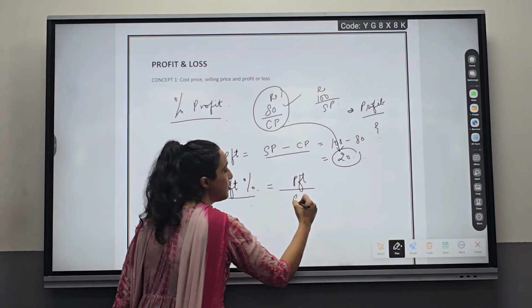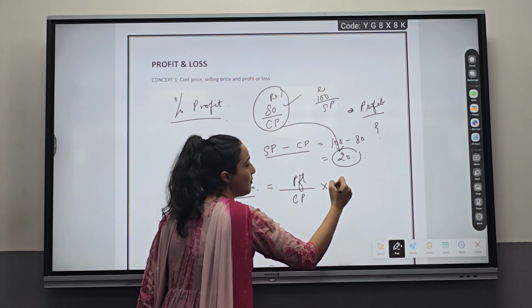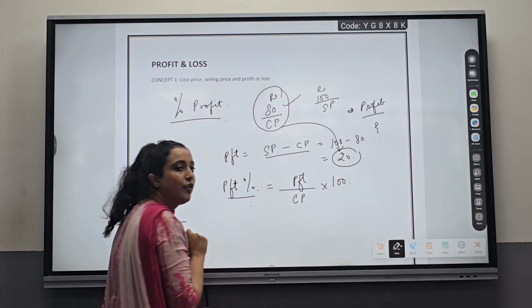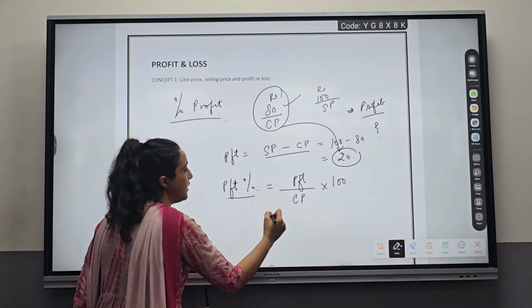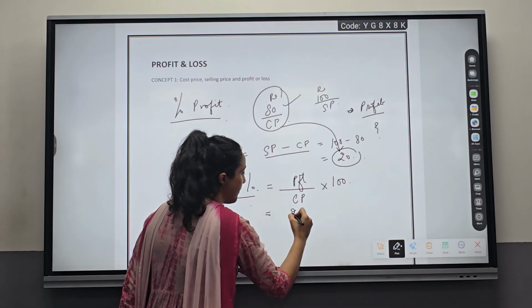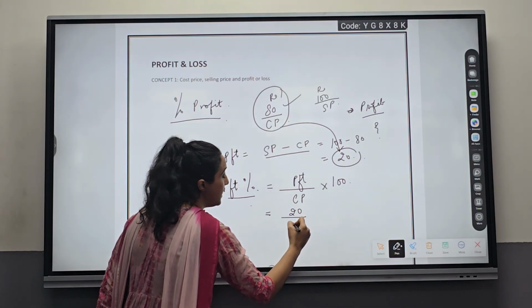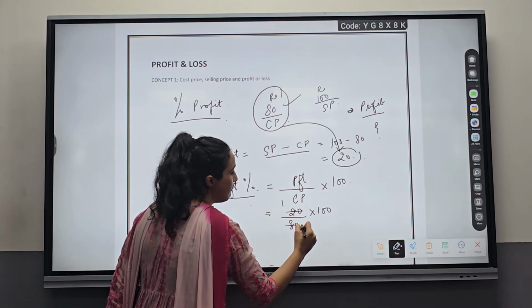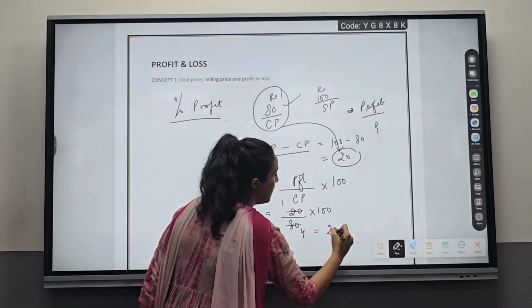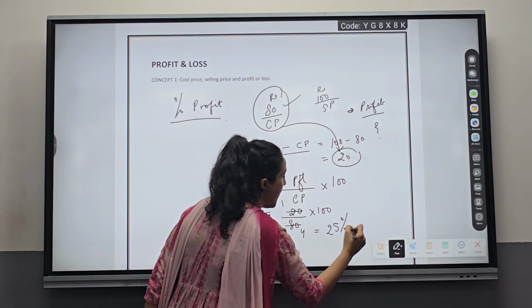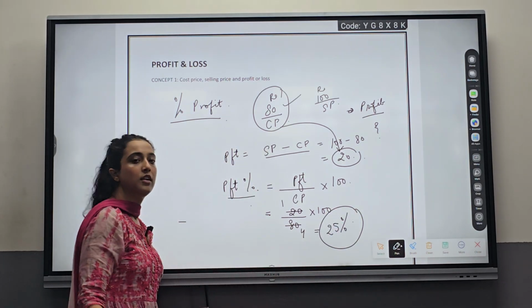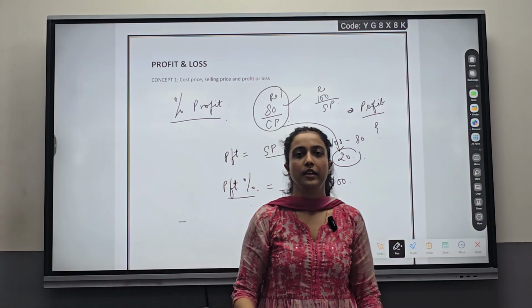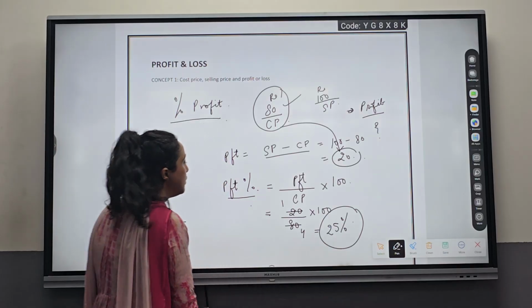Cost price. So cost price multiplied by 100. This is your formula for profit percentage. That is profit is 20, cost price was 80, multiply by 100. So you will get 1/4 of 100. This means in this transaction you had a 25% profit, right? I hope this much is also clear to you.